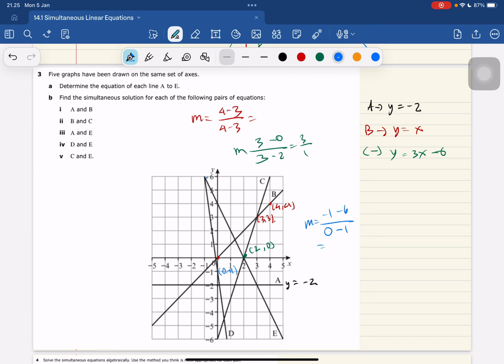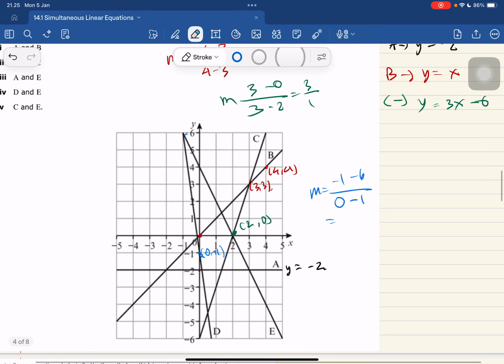Okay, x is 0, y is minus 1. And then x equal to minus 1, y is 0.